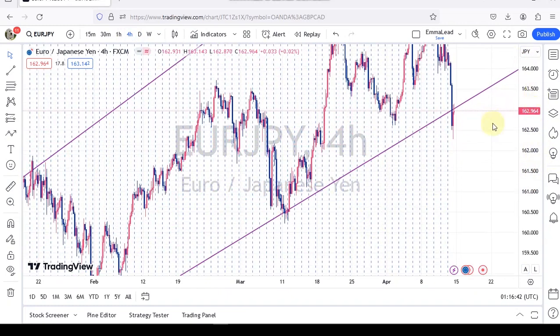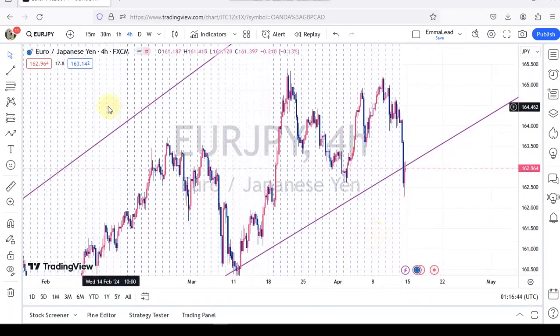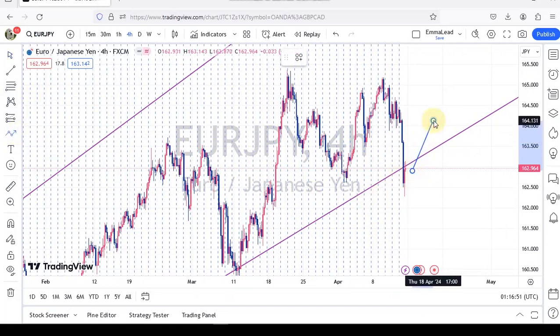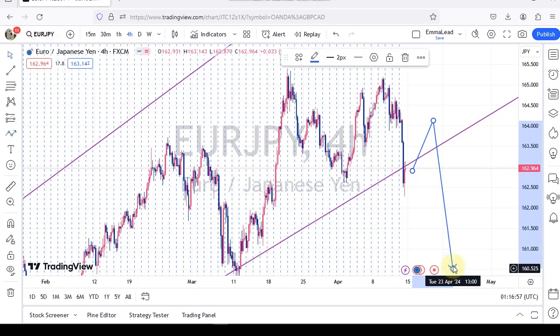And with the look of things here, I think the market may likely come back to retest here, then drop. This is what I'm foreseeing for now. I don't think there is anything much here to analyze.